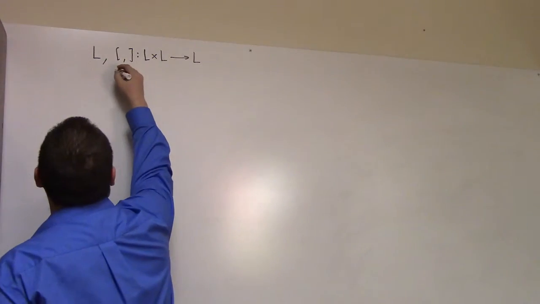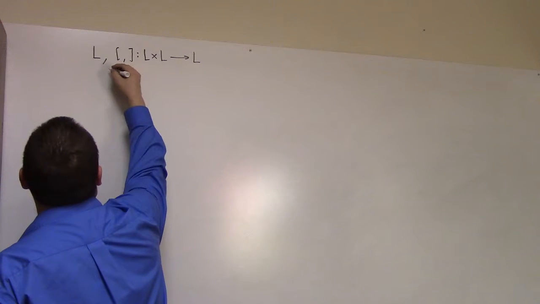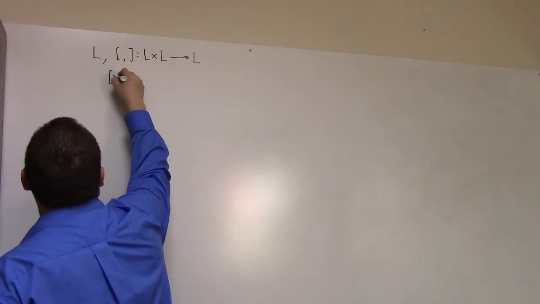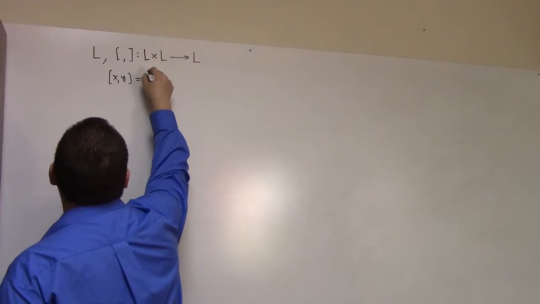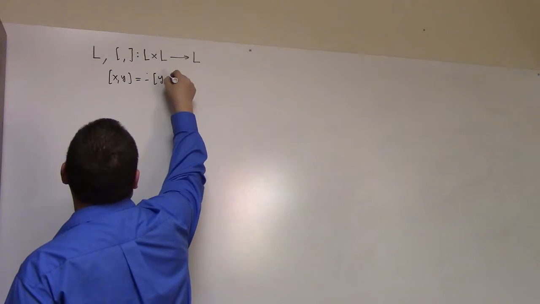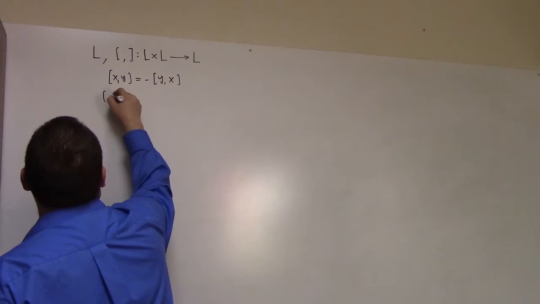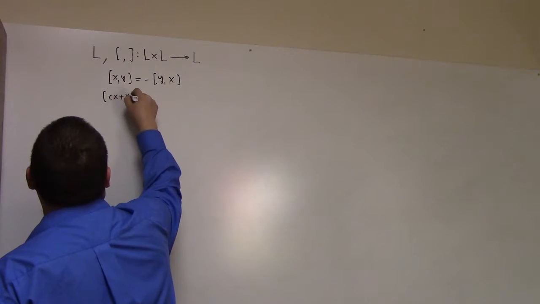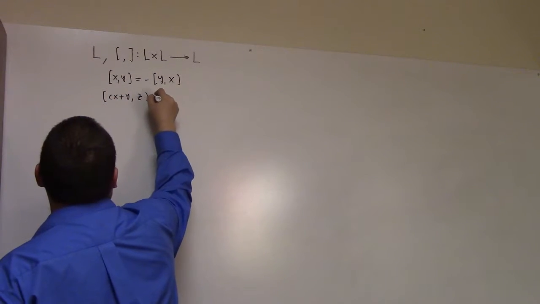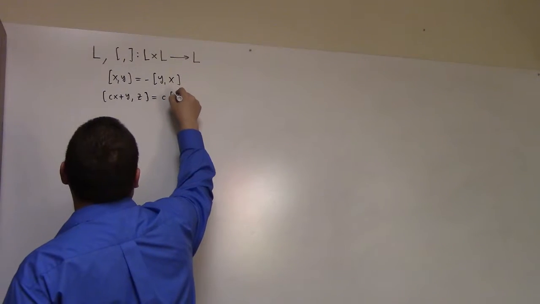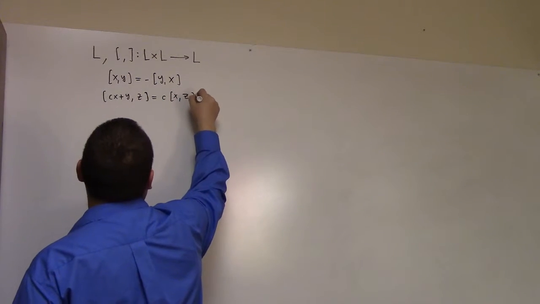So we had [x,y] equal to minus [y,x]. And we had, of course, that [cx + y, z] equals c[x,z] + [y,z].